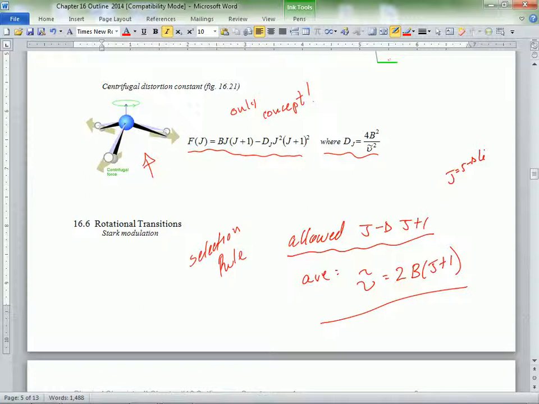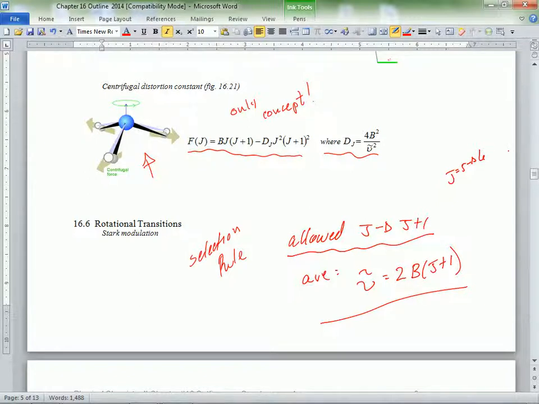You're going from J to J plus 1, so to make this work, J has to be 5, because you're going from 5 to 5 plus 1. So to plug into this expression, you have to plug in the lower one. Okay? Yeah, they did. So the last one was for what? Getting excited, and this one's for not.